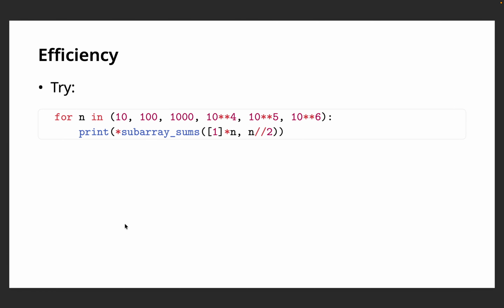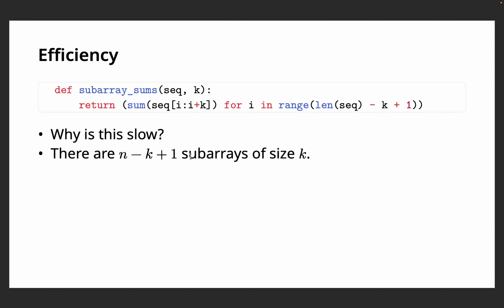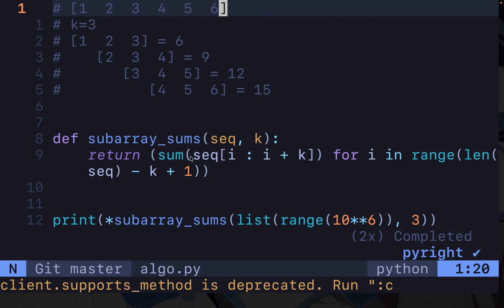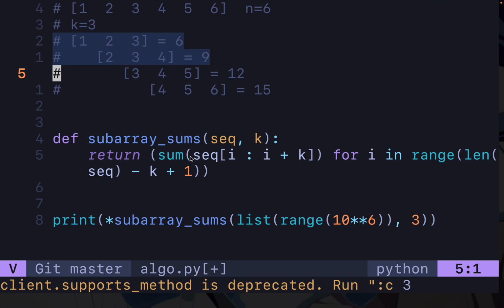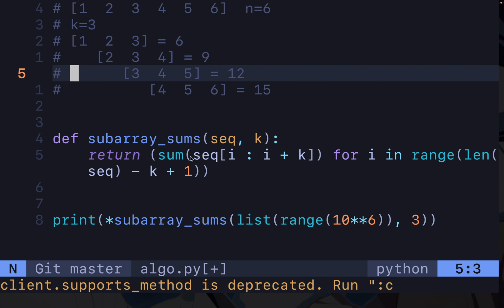Alright, so why is this solution slow? If we think about what's happening over here, the number of subarrays we're considering, let's go back here. For this example, n is equal to 6, that's the number of elements, and if k is equal to 3, the number of subarrays that we consider is going to be 1, 2, 3, 4.